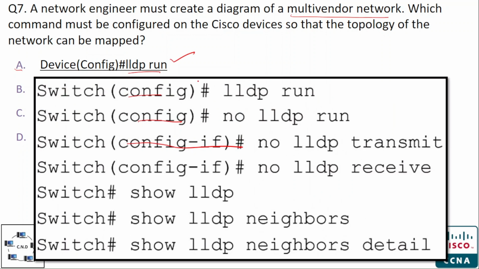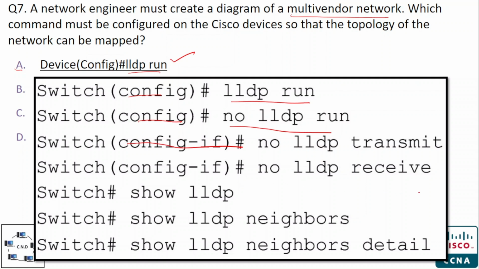So these are some of the commands that you can run on the Cisco switch regarding the LLDP protocol. You can run the command LLDP run. You can disable or remove this command. You can also disable the transmission or reception of the LLDP packets.